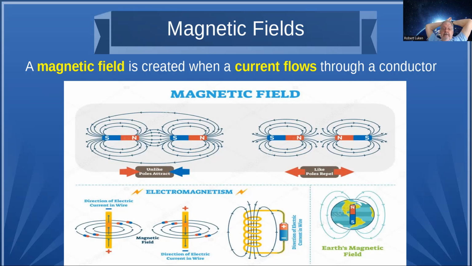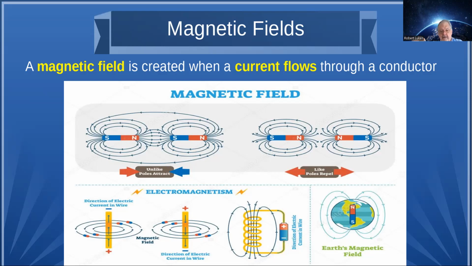Now, if we take that wire and wrap it into a coil, we can cause those magnetic lines of force or field lines to coalesce into the center of that coil. So they get concentrated in the middle.